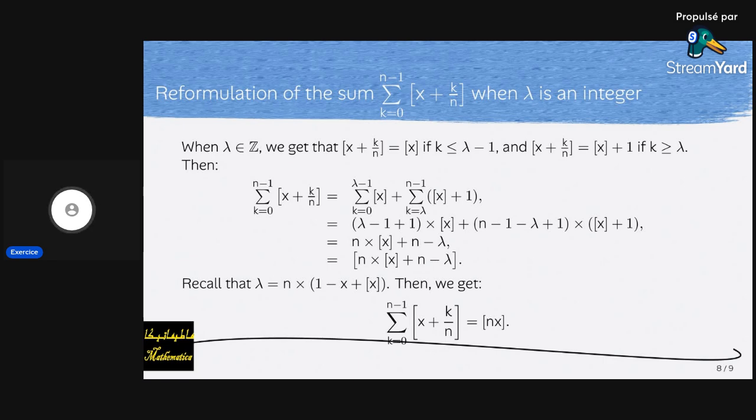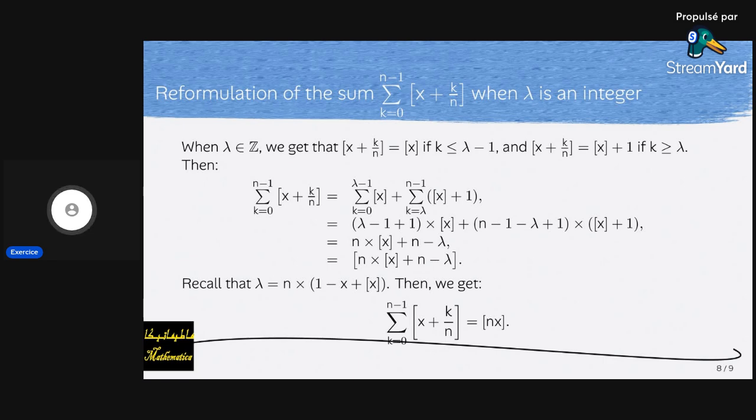And the integer part of x plus k over n is equal to the integer part of x plus 1 if k is greater than or equal to lambda. So the sum will split like this: from 0 to lambda minus 1, we get the integer part of x, and from lambda to n minus 1, we get the integer part of x plus 1.